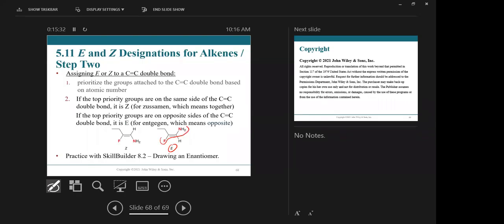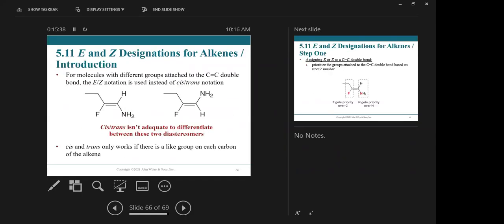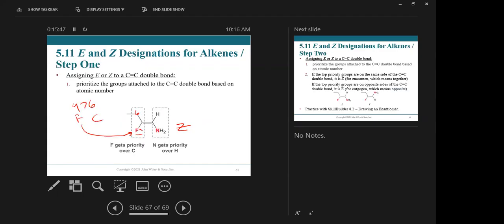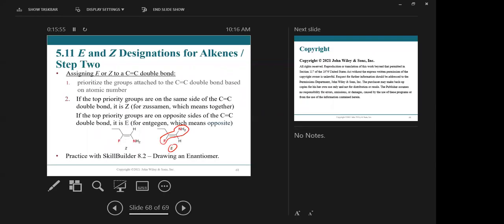It's kind of similar to trans, but the difference is we have different groups. Cis and trans only work if there is a like group on each carbon. Here we don't have like groups. We have different groups on the carbons, so we're going to use the E and Z designators. Hopefully that shows you why we have Z and E.